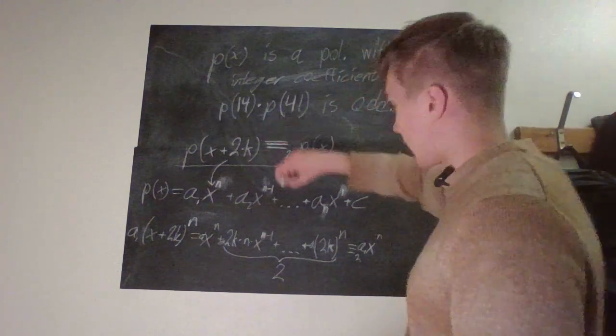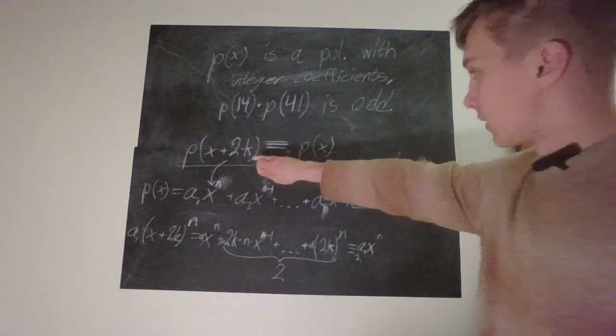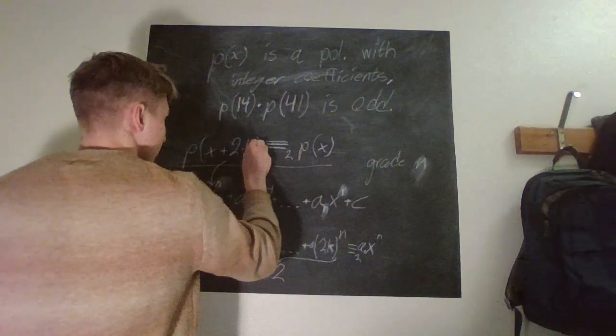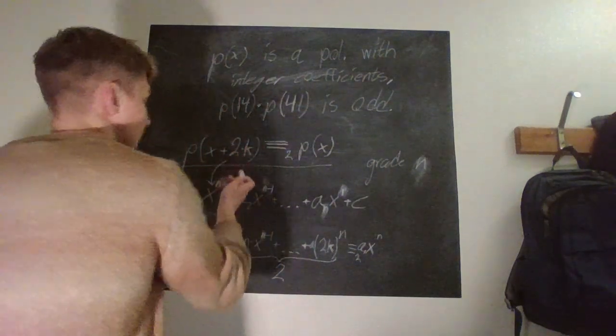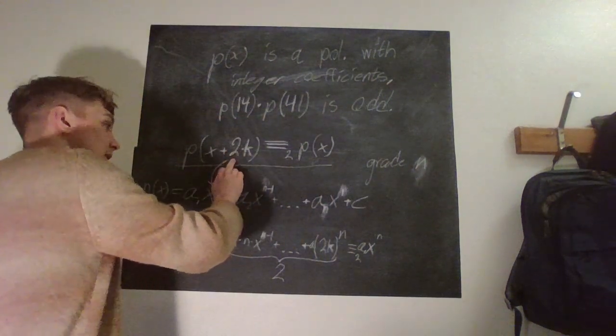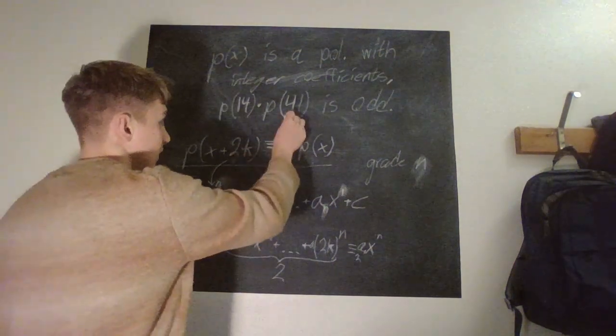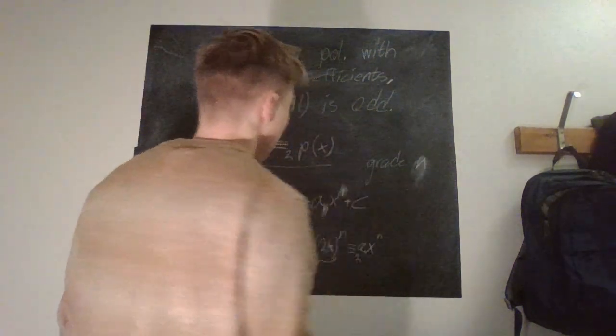And if this is true, then we know that any even number can, with the utilization of a nice k, be referred back to 14, and any odd number can be referred back to 41, and both of those are odd.